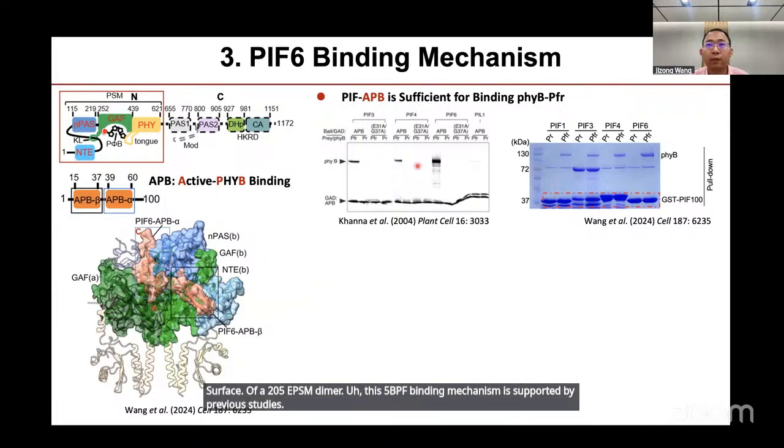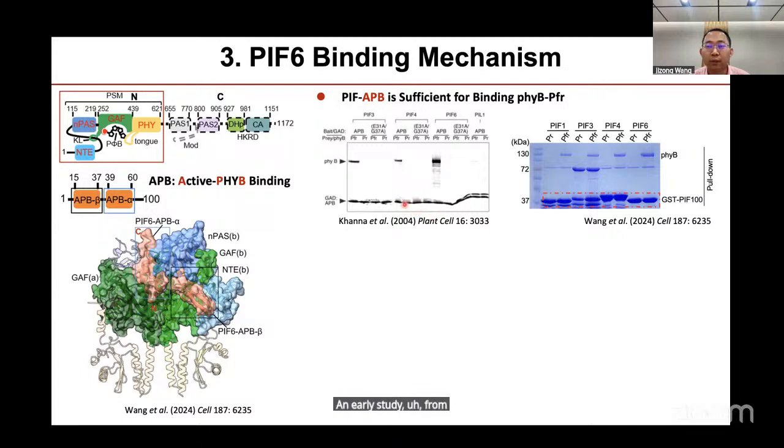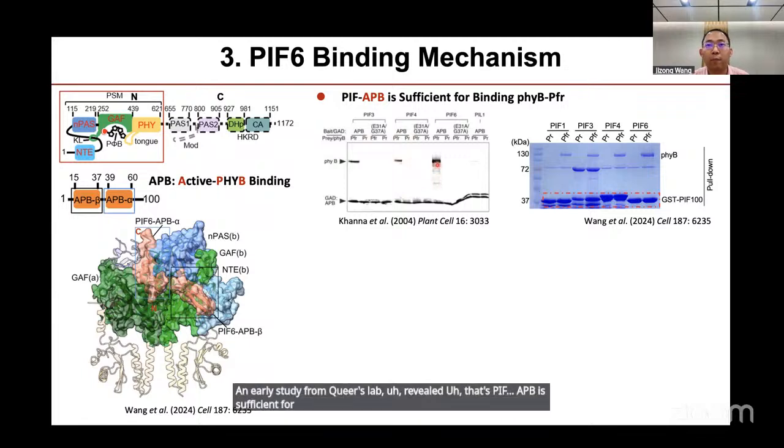An early study from Quail's lab revealed that PIF APB is sufficient for phyB Pfr binding, with PIF6 APB showing the strongest affinity.